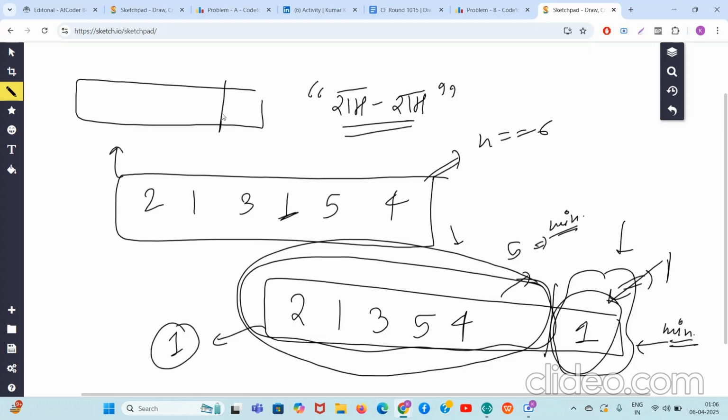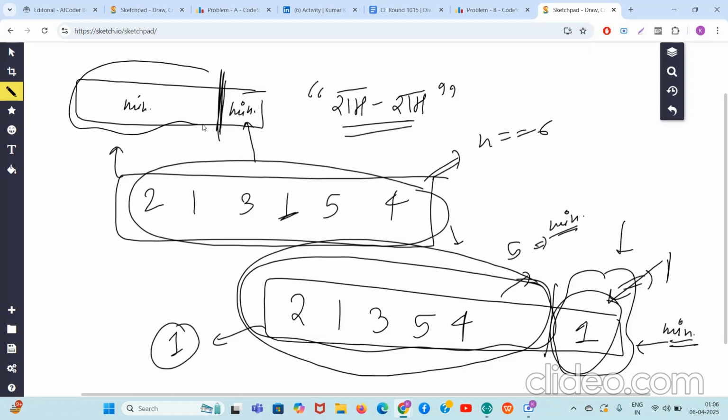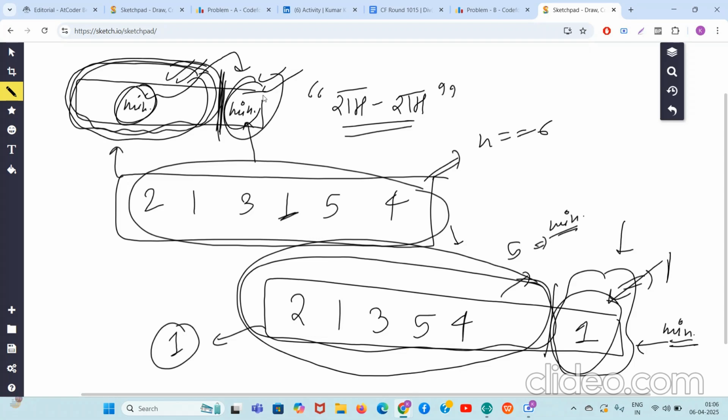So guys, when can it happen? When can this condition happen? This can only happen if the smallest number of this array is written here, and the smallest number of the array should be in this part also, because if the smallest number is in this part, then the minimum of this part will be min only, which will become equal to the minimum of one number, GCD is min only.